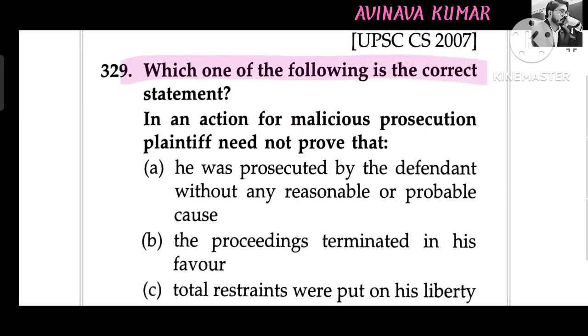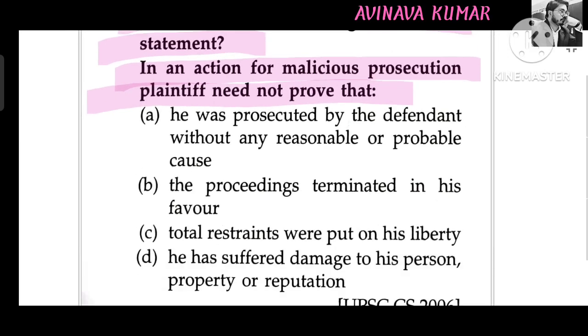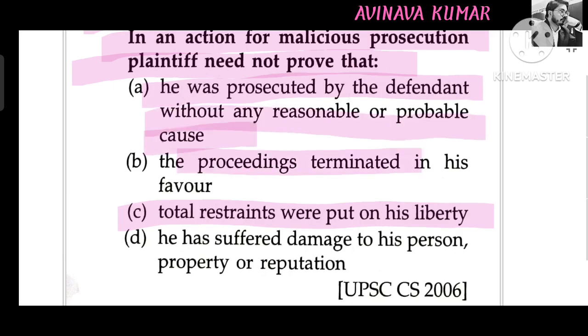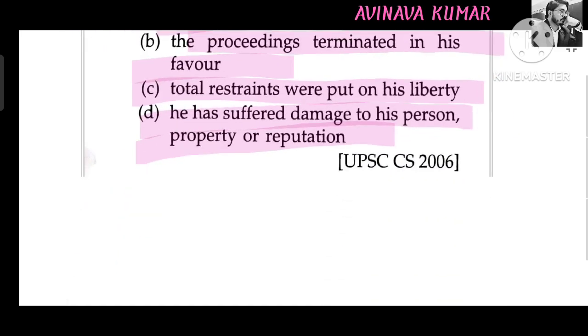Which one of the following is a correct statement? In an action for malicious prosecution, the plaintiff need not prove that total restraint was put on his liberty. This need not be proved. What needs to be proved? That he was prosecuted by the defendant without any reasonable and probable cause, the proceeding terminated in his favor, and he has suffered damage to his person, property, or reputation.